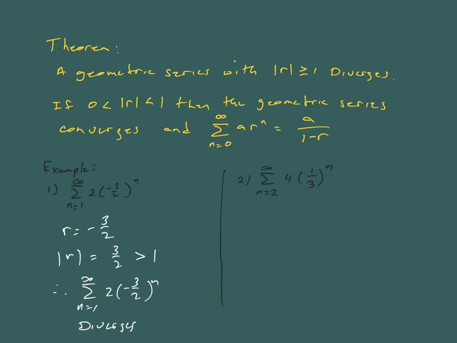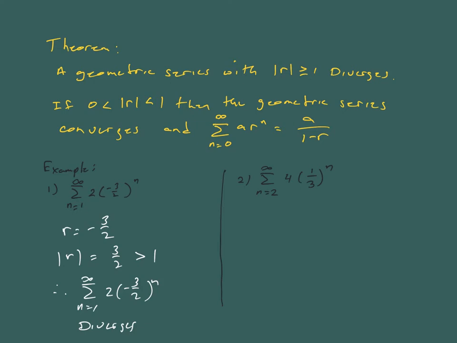Our next one is n equals 2 to infinity of 4 times 1/3 to the n power. Here's where we have a little bit of an issue. We know r is 1/3, and since the absolute value of 1/3 is less than 1, I know I'm looking at a convergent geometric series.